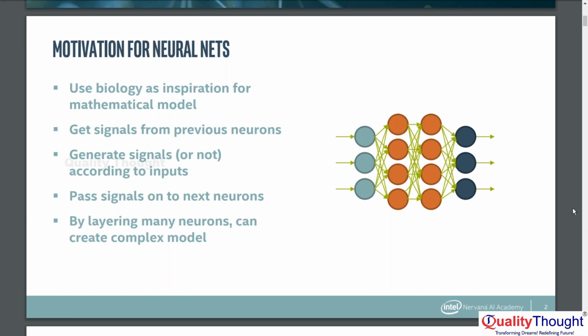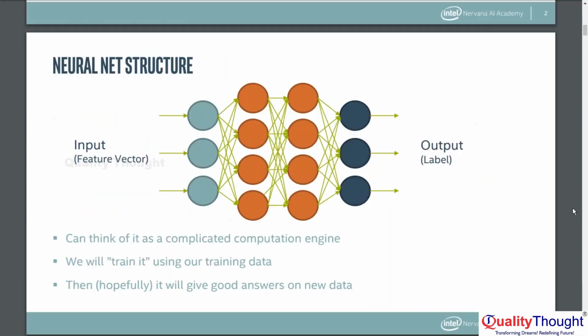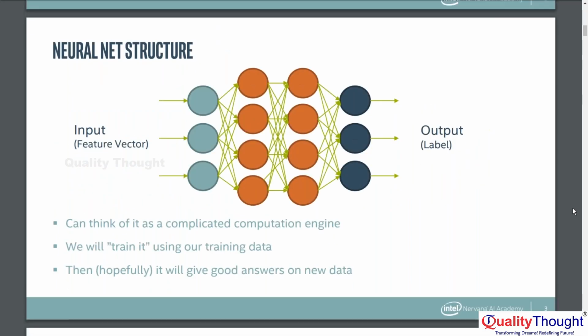Now let us see. Generally, this is how the neural net structure will be. Whatever input vector you send across needs to be processed with various computations in the middle, and then it will finally give you an output.